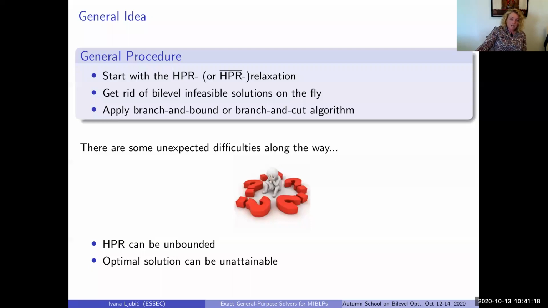The idea is to solve the HPR relaxation, to check the feasibility of the optimal solution, and if this solution is not feasible, to try to get rid of this on the fly.